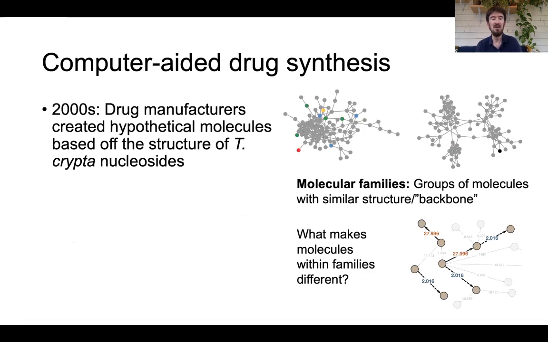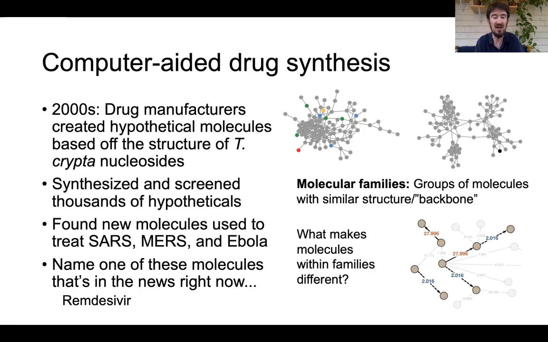Moving on from that, in the 2000s, drug manufacturers started using these nucleosides to create hypothetical molecules based on the structure of those from T. crypta. Basically, they created these artificial families or artificial networks of molecules based on what we would think of like a similar backbone that all nucleosides had. And so with these families, they then synthesized and screened thousands of these hypothetical molecules.